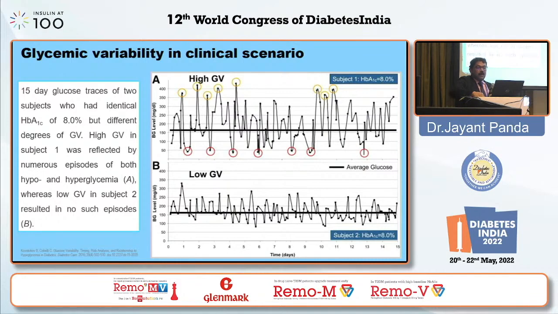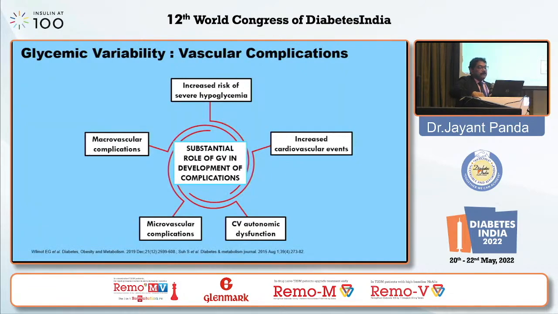You heard the previous lecture by Dr. L. Srinivas Murthy related to that. When the variability is less, micro- and macrovascular complications and cardiovascular events are controlled, and autonomic dysfunction and severe hypoglycemia risk all come down.